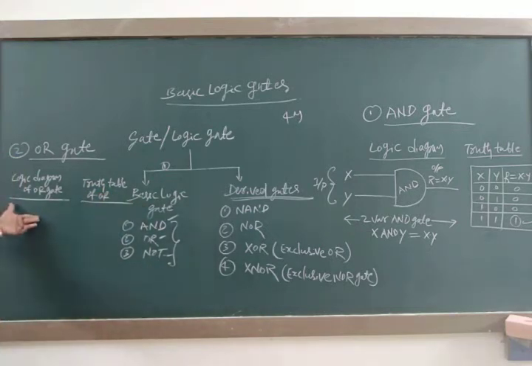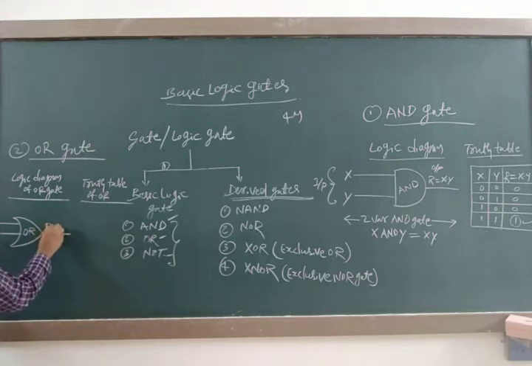Logic diagram for OR gate, truth table for OR gate. See here, logic diagram means this is OR gate, that's why we have to write inside OR.